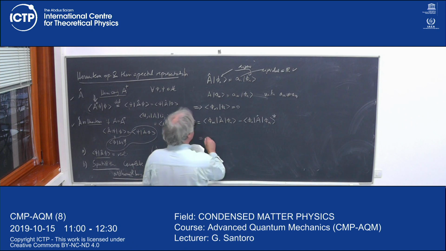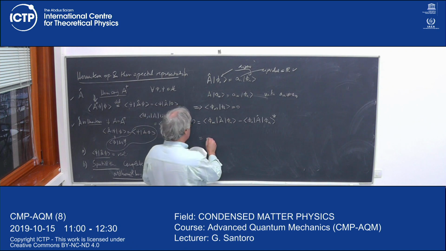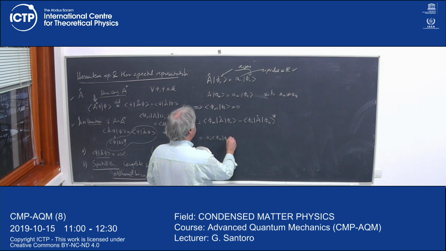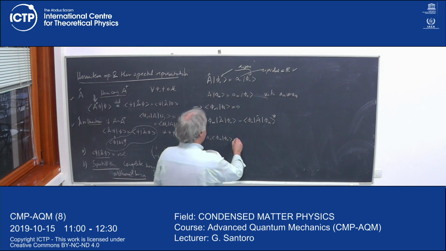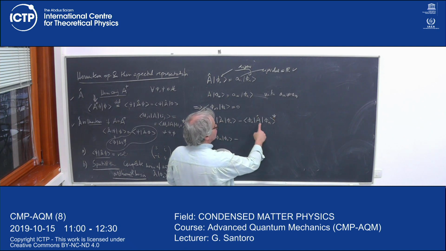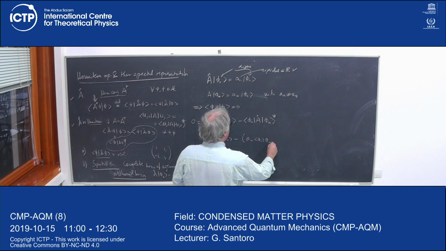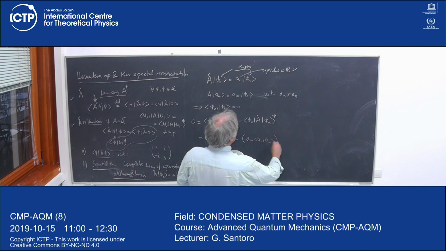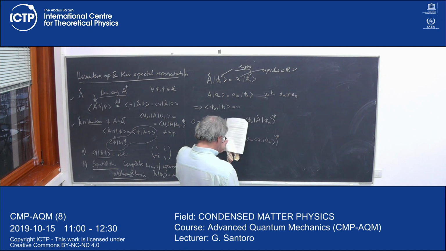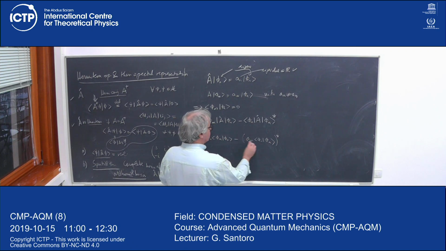And now I use the fact that this is an eigenvector with eigenvalue a n. Okay? So this is equal to a n times phi m phi n. Okay? Minus, what about this object here? This is an eigenvector with eigenvalue a m. Okay? So this is a m times phi n phi m star. Okay? Now a m is real. Okay? So you can take it out.